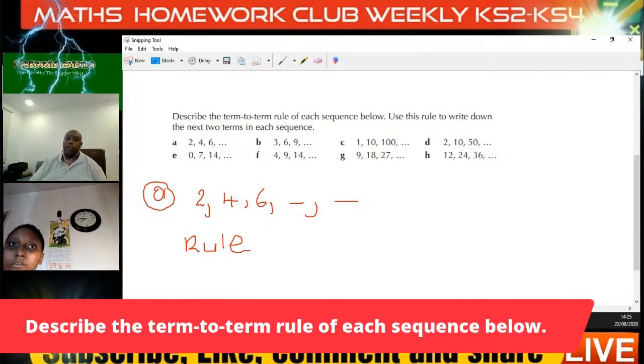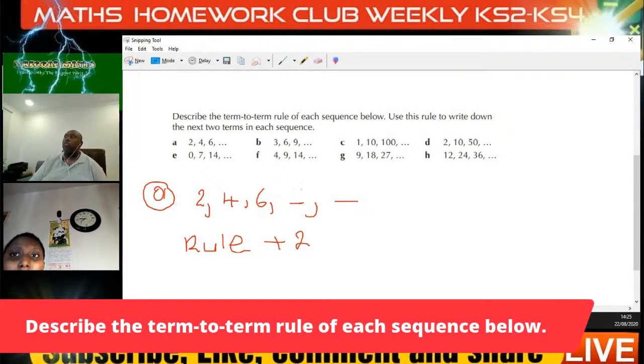What's 2 times 4? 8. So therefore, that cannot work. Try add 2. 2 plus 2, that's 4. What's 4 plus 2? 6. So therefore, it works for that one. So the rule is add 2. Yes?